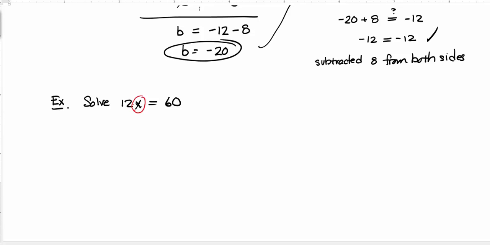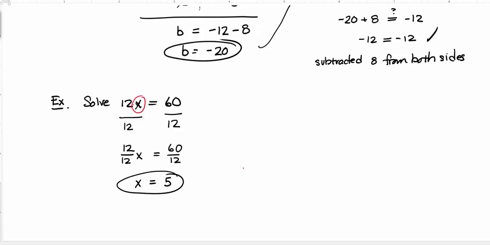So since I'm multiplying by 12, I'm going to do the opposite operation again. I'm going to divide both sides by 12. Then I get 12 over 12 x equals 60 over 12. 12 over 12 is simply 1, so I get x by itself here, and I say x equals 5.